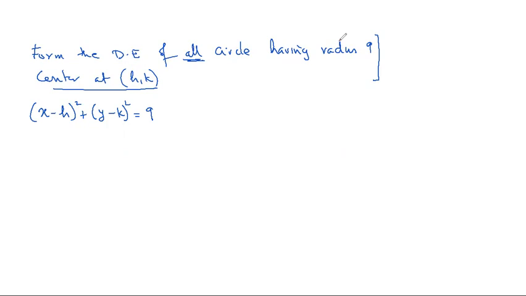You don't have to know everything, but somewhat you should know, at least whatever is in the textbook. So how many arbitrary constants are there? 2. How will I eliminate h and k here? I am allowed to differentiate only twice. What you do is directly differentiate once.